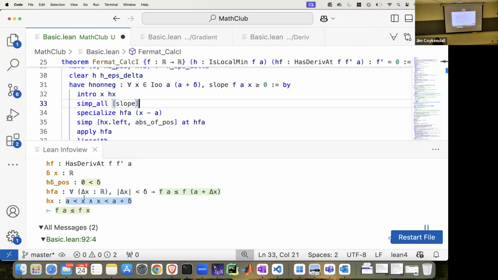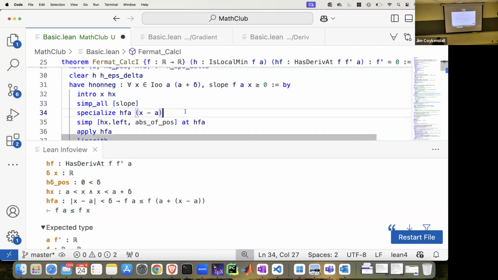I have an assumption originally, and all I need to do is plug in the value of the specific x and compute the specific value of delta x. Think about it. Suppose I have any point x, then the distance from x to my a in this case is x minus a. So that's going to be my delta x. So I'm going to plug in to get this modification of the previous assumption.